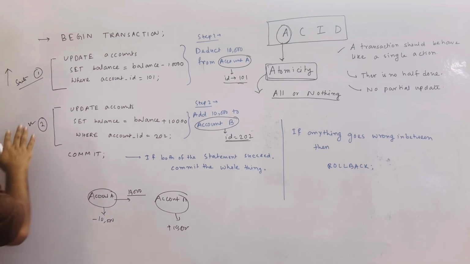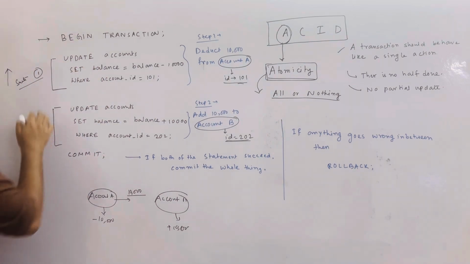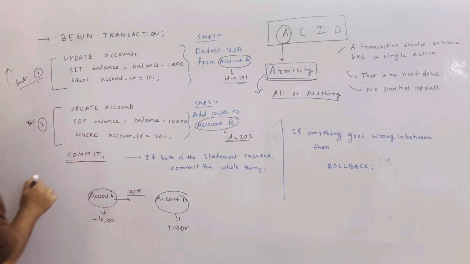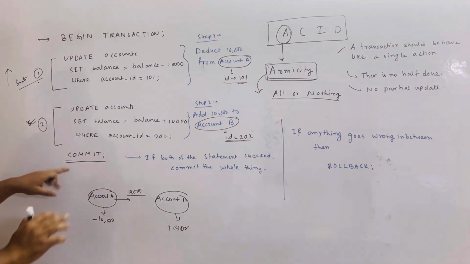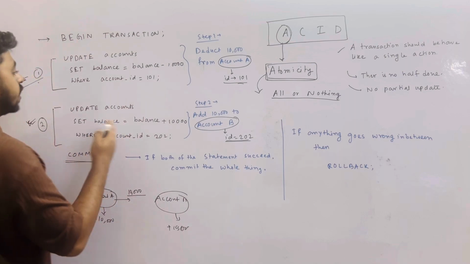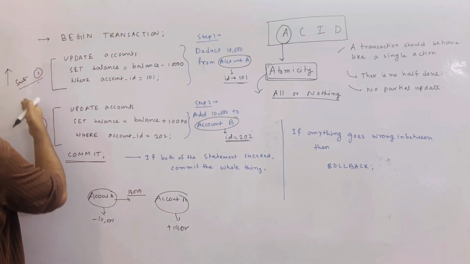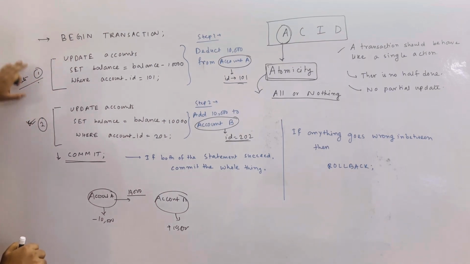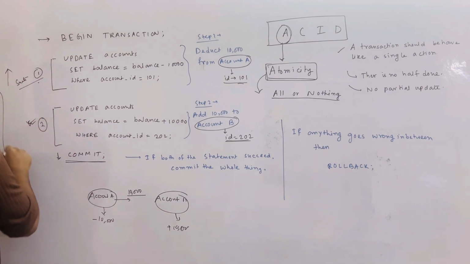So this is the whole idea of atomicity. After statement 1 and statement 2 both succeed, only then the commit will happen. Commit means it will be permanently written. Until this particular transaction gets committed, the value will not be permanently written in the table. It will be only inside that particular transaction.